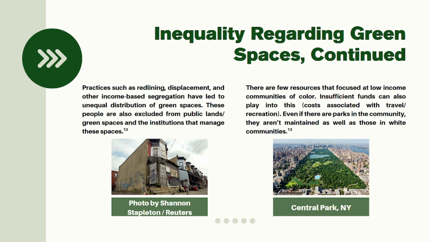And I believe this is a really good example of how communities of color have been blocked out from creating communities of their own, especially with the topic of segregation, because they're continuously getting pushed out.